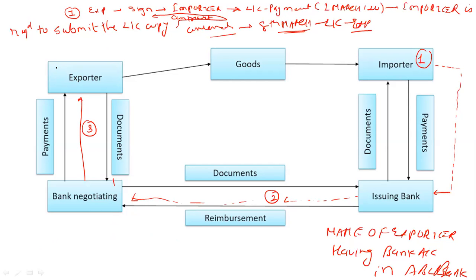The exporter verifies that everything is okay and retains the LC copy. Then the first cycle is over. In the fourth step, once he receives the LC copy, which means confirmed payment, he dispatches the goods.